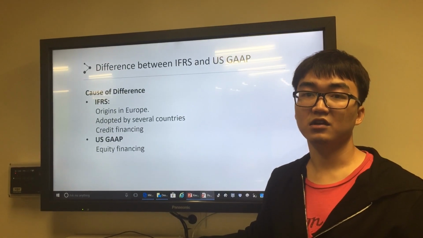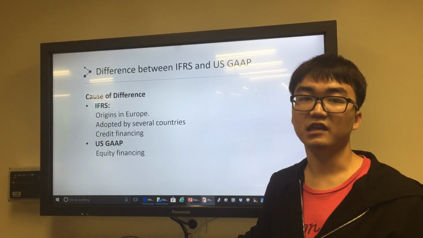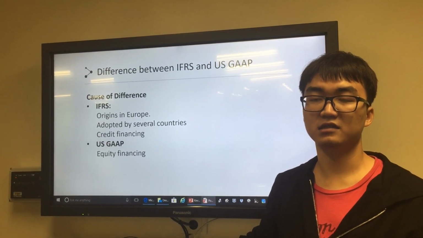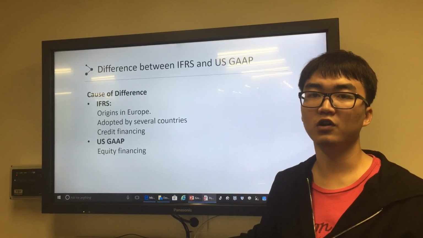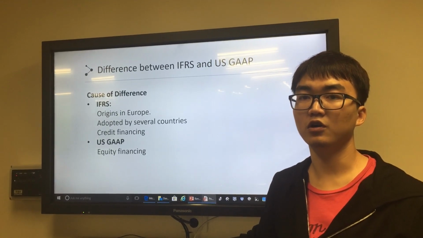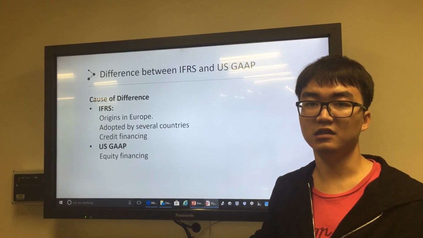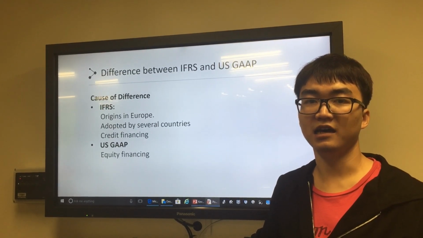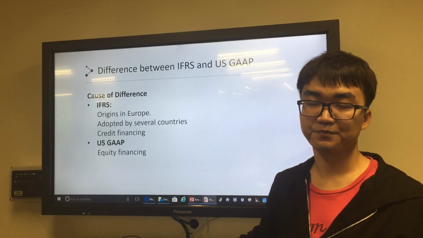The difference is caused by historical factors. IFRS was first developed in European countries. It was more practical for them to follow principles than specific rules. Also, they depended more on credit financing than equity financing at that time.